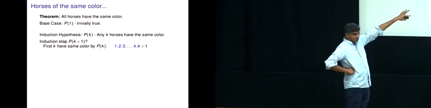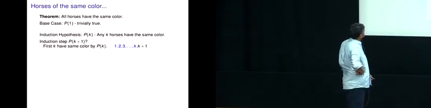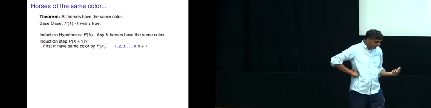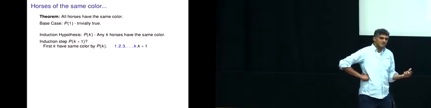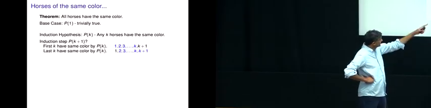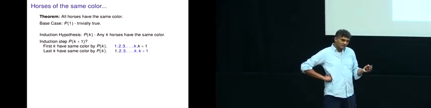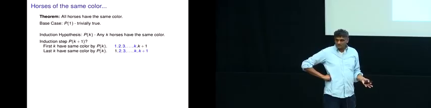Let's just say it's blue, some color, they're all the same. I could also use the induction hypothesis on any subset of K horses, so in particular, I'll use the last K horses, 2 through K plus 1. All of these have the same color.